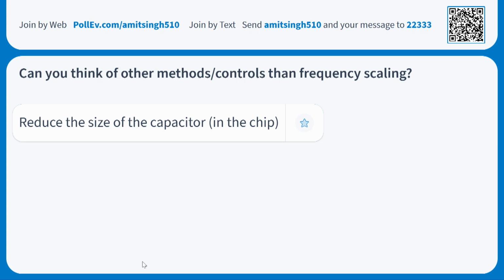So a capacitor is typically for storing energy, right? If you reduce the size, there will be less and less energy, less power. That could be a way. In the previous example we saw there are different power requests for different cores, so there are different frequency levels. If all the cores are running in a very minimal range of frequencies, we changed from normal to low, right?